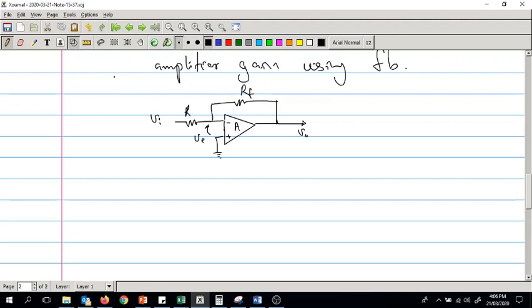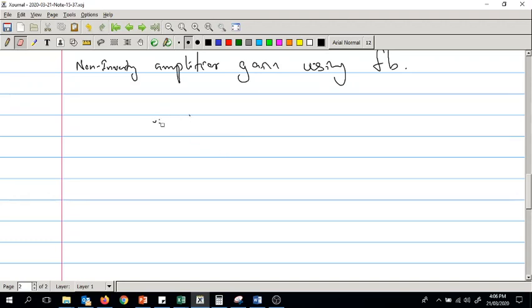I guess that will be easier. Non-inverting. For the non-inverting amplifier, so this is minus, this is plus.